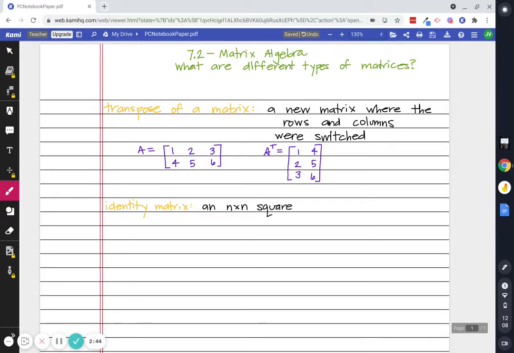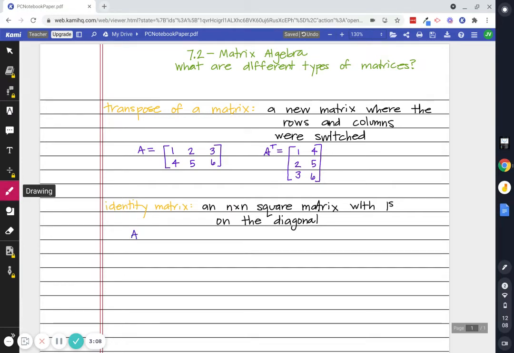The rows and the columns are the same. That's what makes it square. A square matrix with ones on the main diagonal.